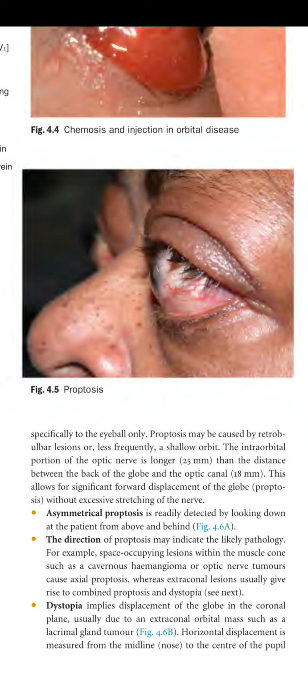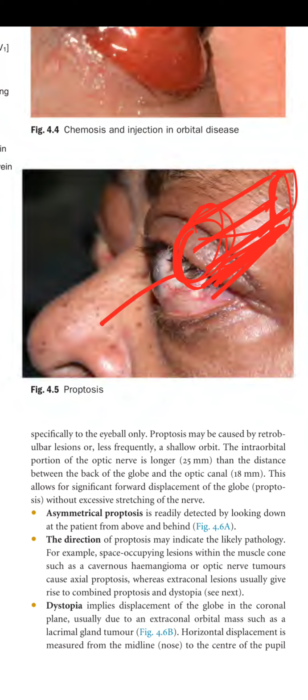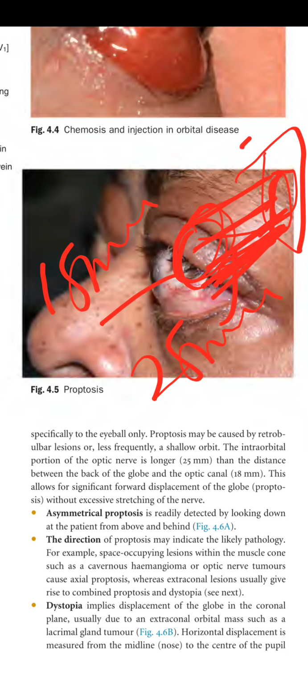So basically, between the optic canal and the eyeball there is a distance through which the optic nerve lies, and the distance between the eyeball and the optic canal is usually about 18 millimeters, but the optic nerve is 25 millimeters. So whenever there is proptosis, it can occur without stretching of the nerve.